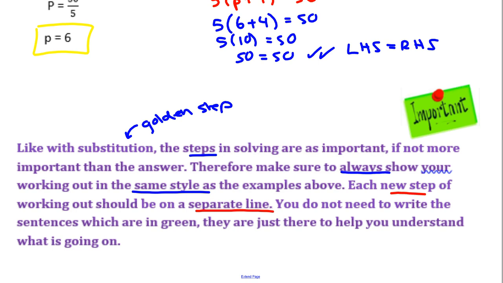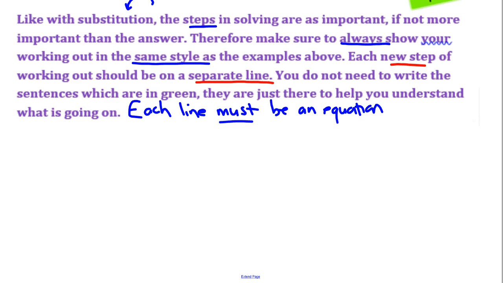Something else you might want to add: each line must be an equation. I'll show you some common errors I'm seeing. An example of an equation is 3m equals 40 minus 20, for example, and not something like this, 40 minus 20 equals 20.